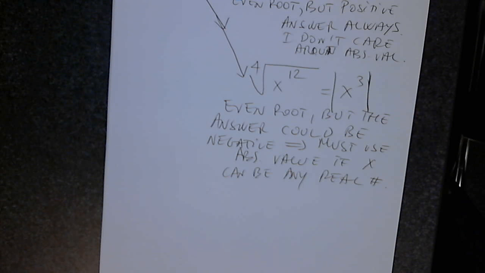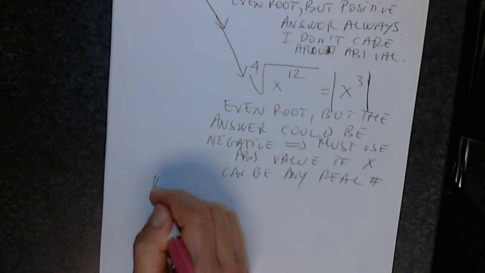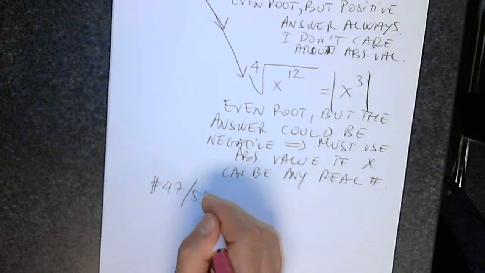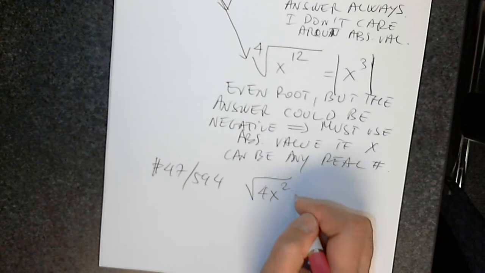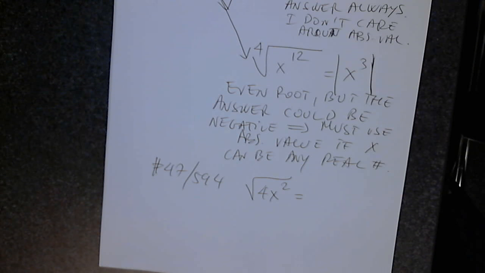Okay, so now we're ready to work on this on page 594. I would like to start with 47. On 594, the square root of 4x squared. Now careful, the requirement is to simplify. Assume that the variables represent any real number.